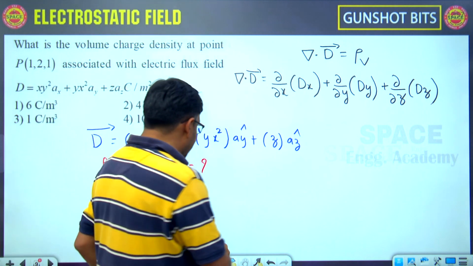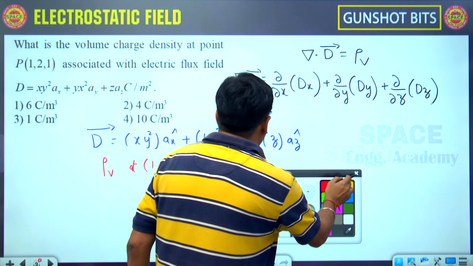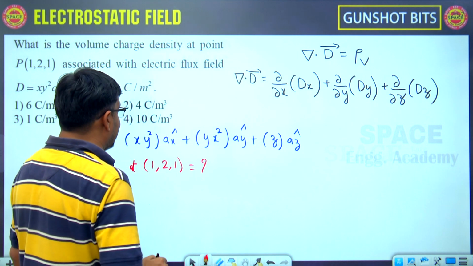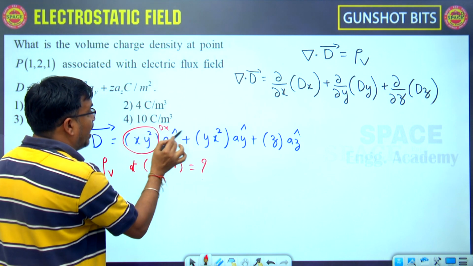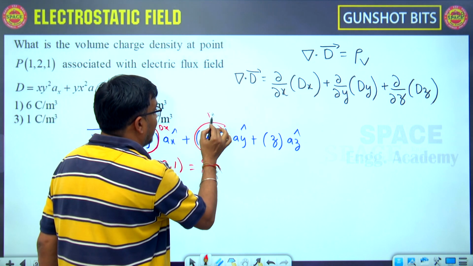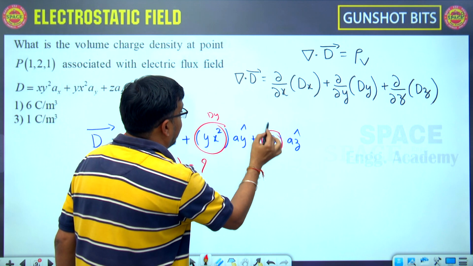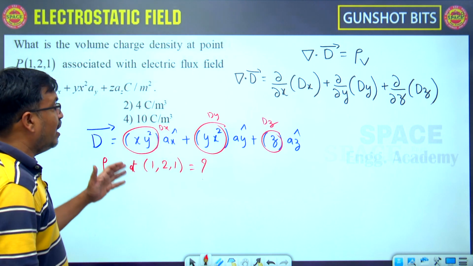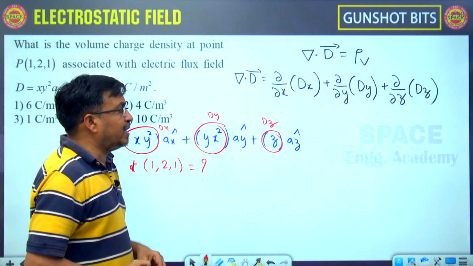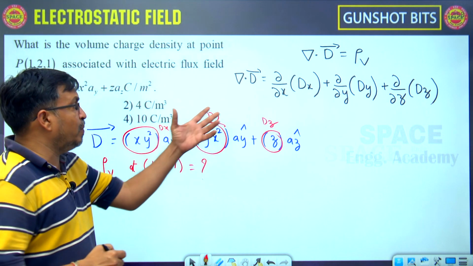So from the given equation, first you identify what is Dx, what is Dy, what is Dz. Here xy square is Dx, yx square is Dy and z is Dz. So identify the magnitudes of flux density along x, y and z directions. Now I am substituting.